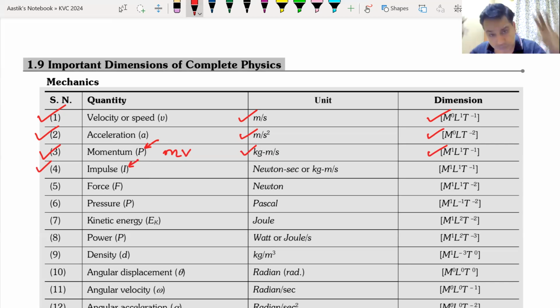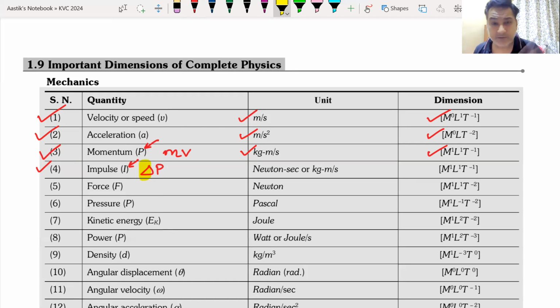For those who don't know, remember, impulse is change in momentum. So I will write this quantity as delta P. Whenever I use the term delta, it might look like a triangle. It is not a triangle.